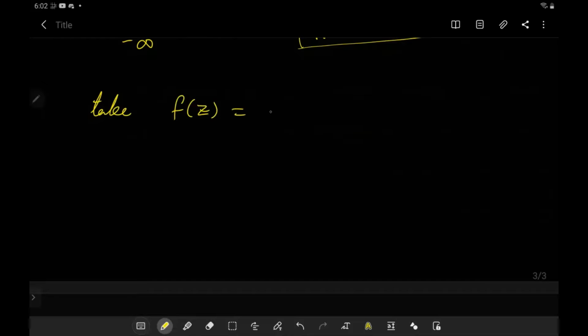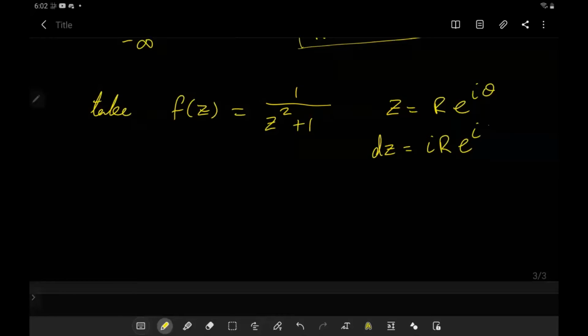So take the f of z. We said that that was equal to 1 over z squared plus 1. And on this interval, we have that z is equal to r e to the i theta. So it should imply that dz, taking the derivatives on both sides, is equal to i r e to the i theta d theta. And remember that theta is going from 0 to pi.